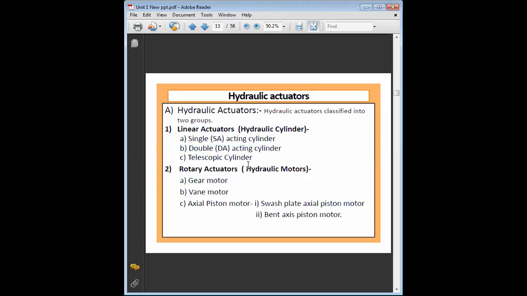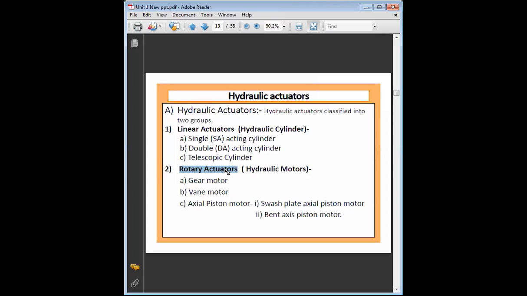Now another group of the hydraulic actuator is the rotary actuator. This rotary actuator converts hydraulic energy into rotational motion.